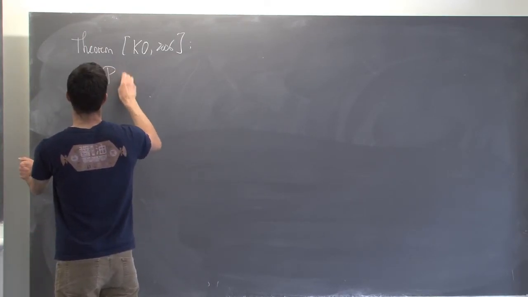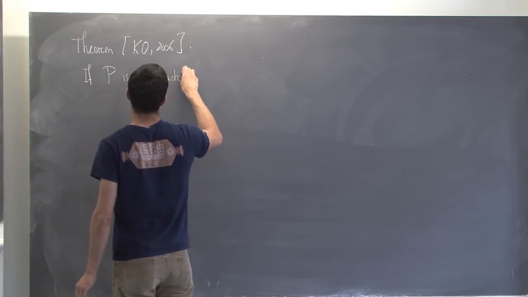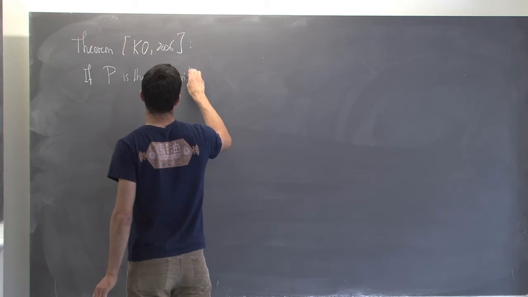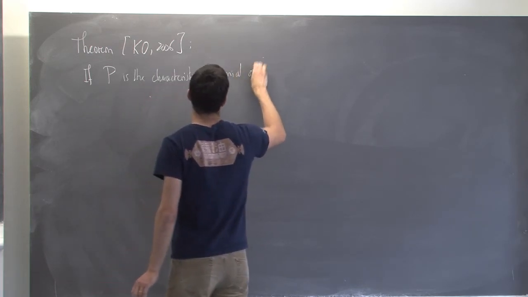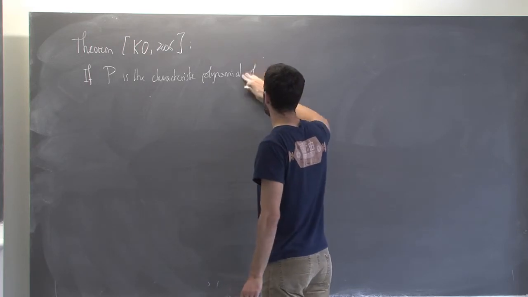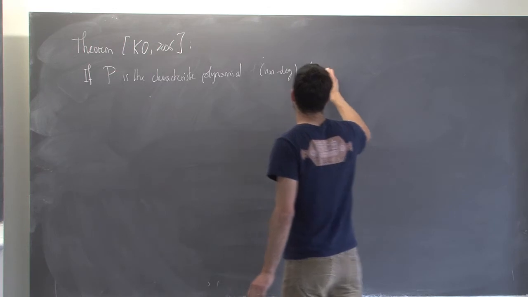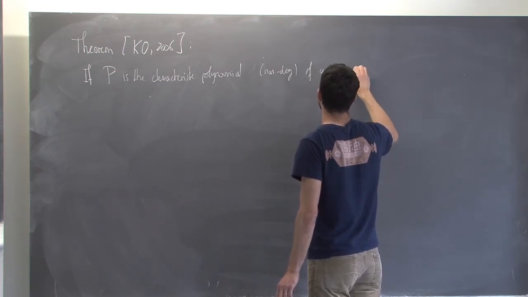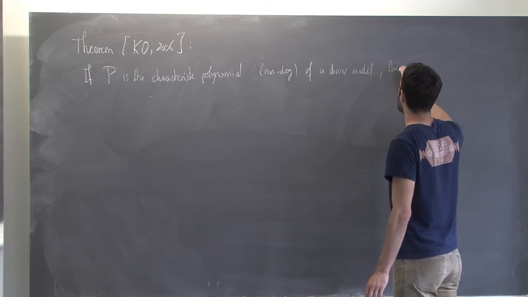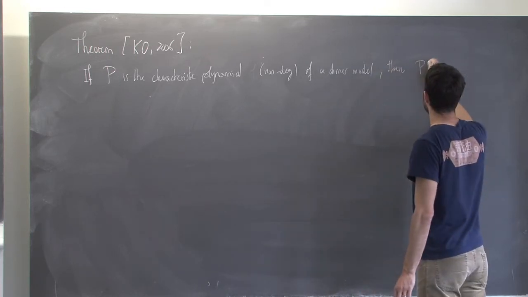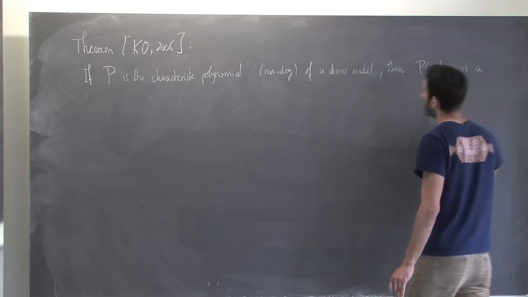If P is the characteristic polynomial, and we assume it's non-degenerate, of a Dimer model, then the spectral curve is a Harnack curve.